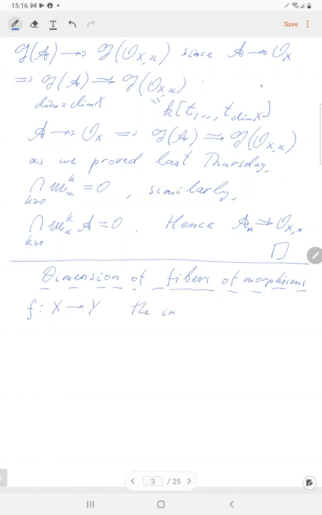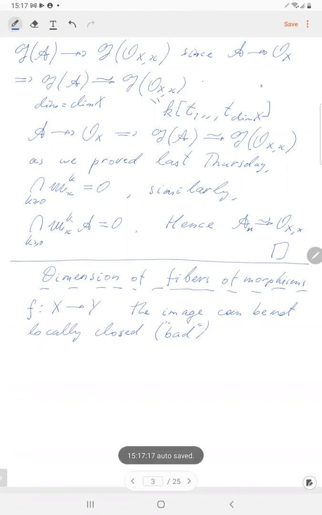So the image can be not open, certainly not necessarily closed. That's no question, but it can be not even locally closed. Not locally closed. That's what I call bad.